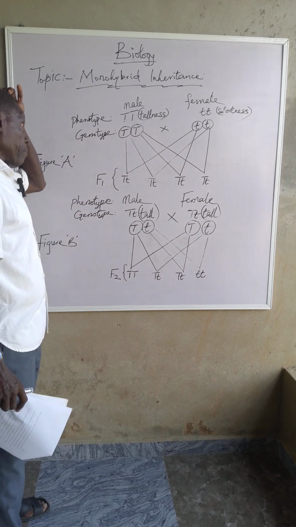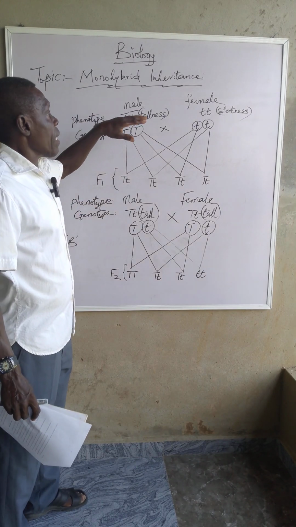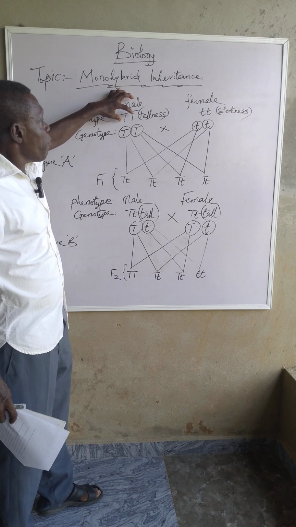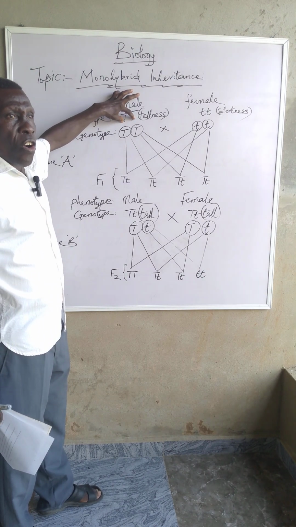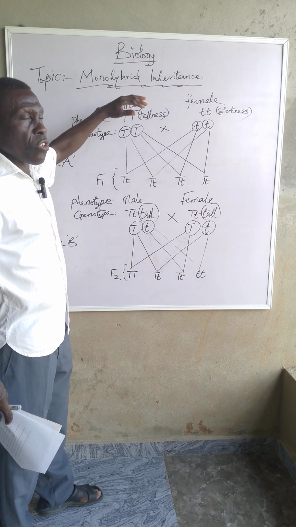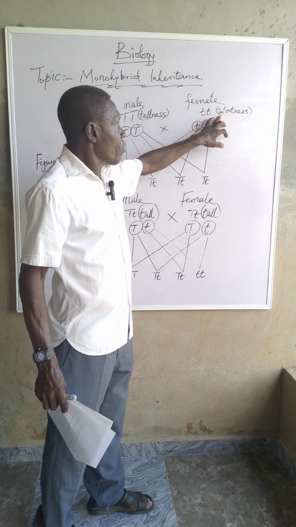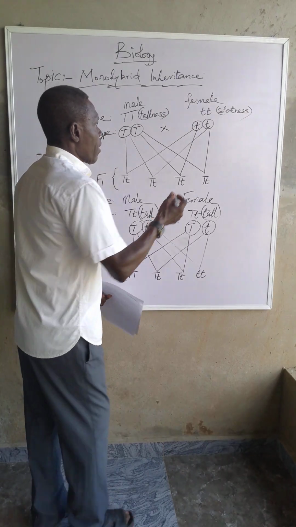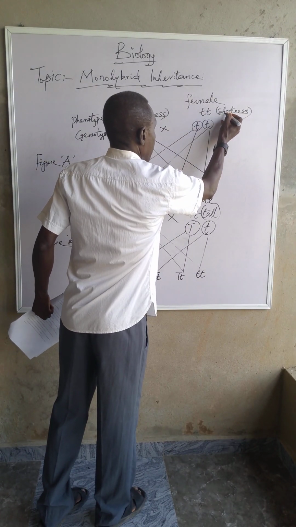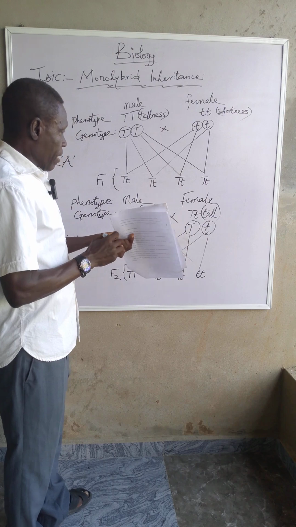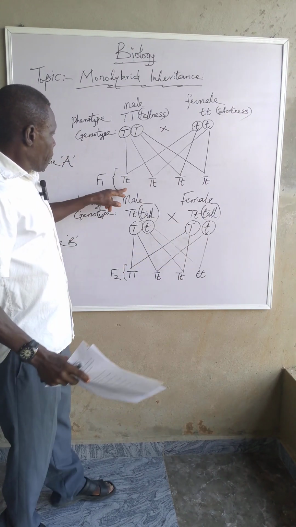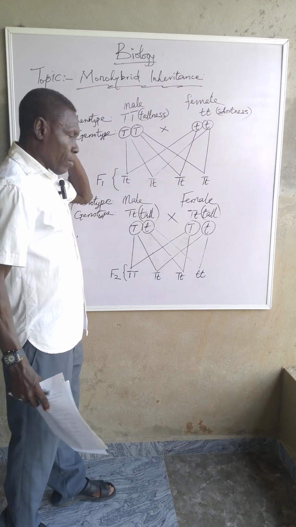This is figure A. Now, in the first experiment, all the plants were tall. In this one, all were short plants. Now look at the first filial generation.